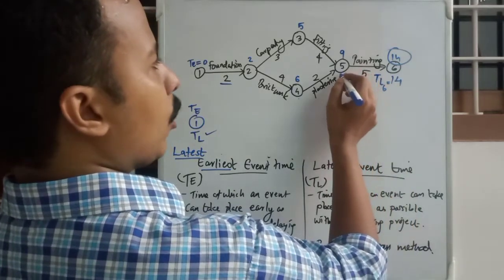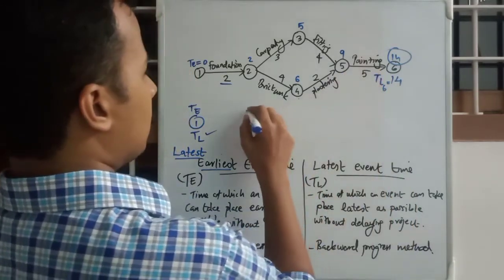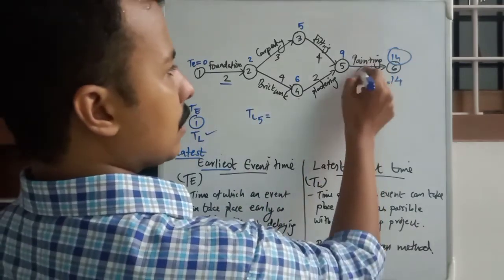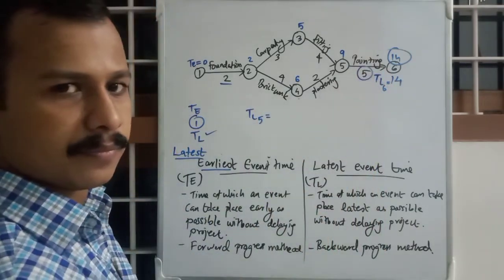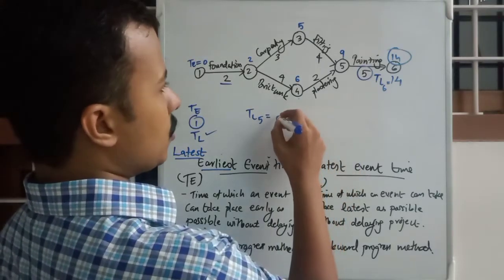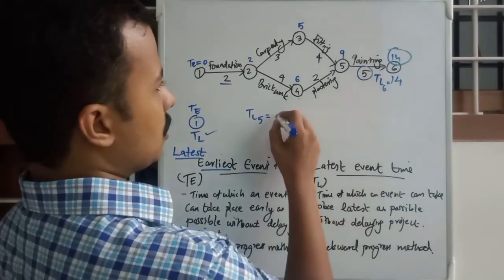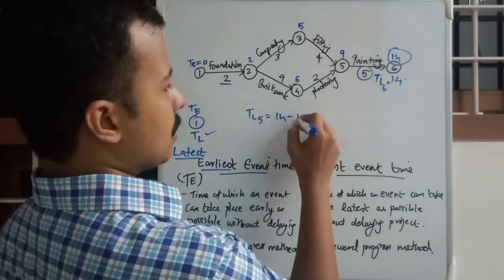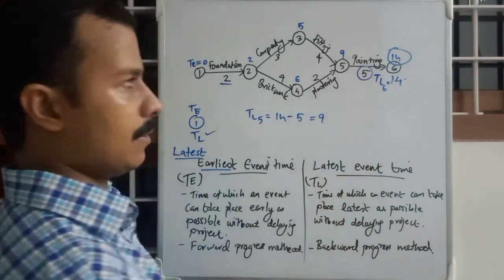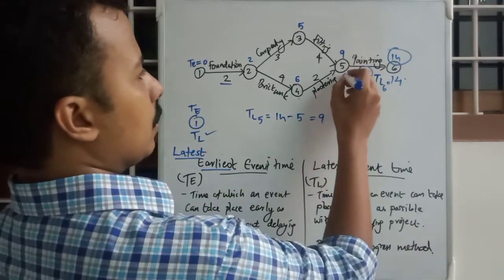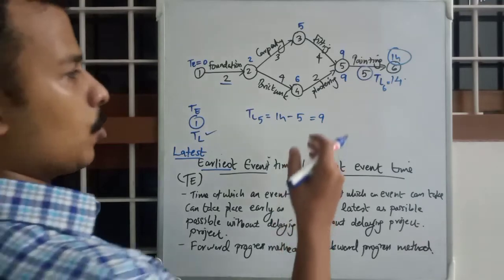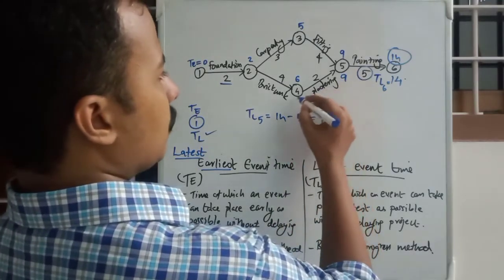Now what will be TL of 5? TL5 will be equal to, we will subtract these durations. TL of 6 was 14, minus 5, that is 9. Next one, TL of 4.